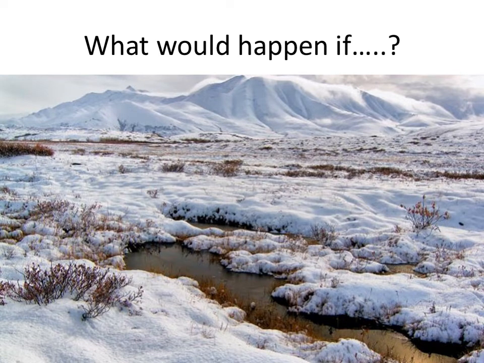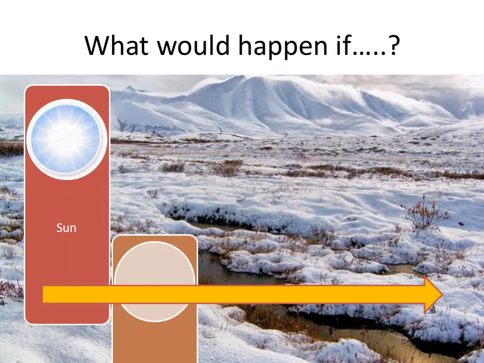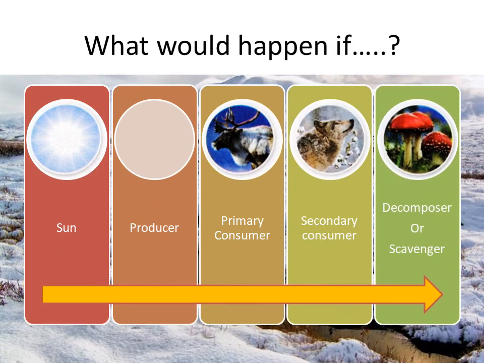Now, what would happen if one chain was lost? For example, I have put for you the same food chain. Which one is missing? The producer, the reindeer moss.